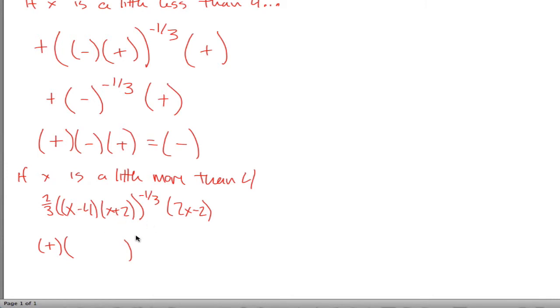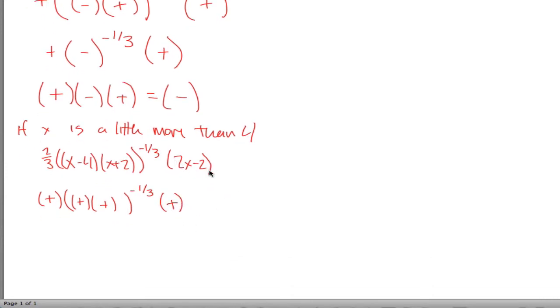Inside my parentheses, raised to a negative 1/3 power, I have a number slightly more than 4 minus 4, which is a positive number. A number slightly more than 4 plus 2 is also a positive number. And then times 2 minus 2 is also going to be positive. It's like 8 or so minus 2, which is about 6. So I have a positive number.